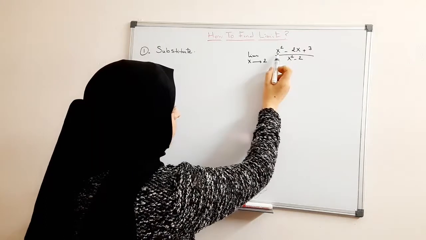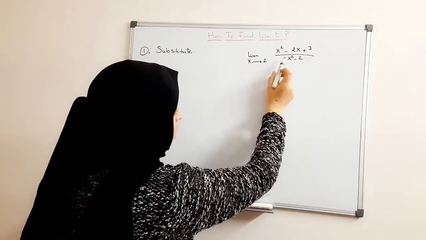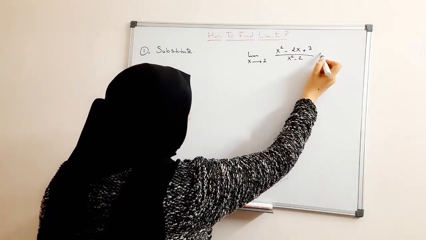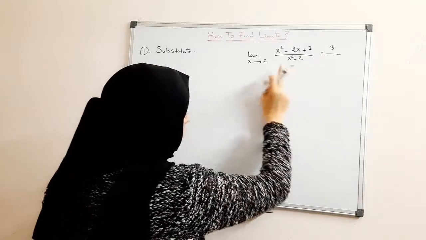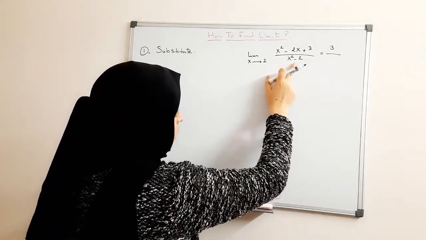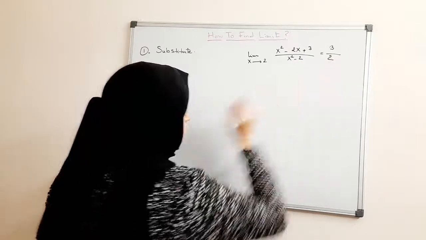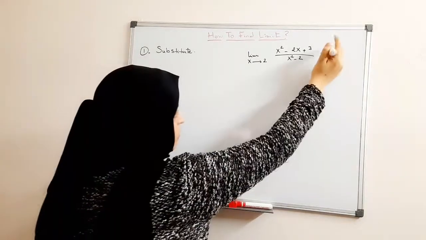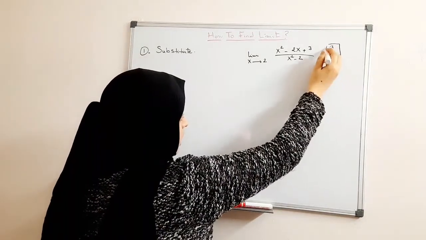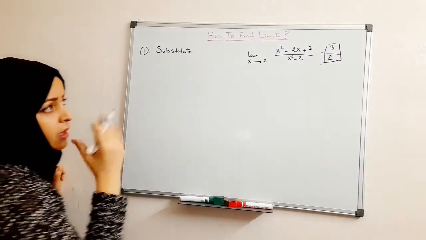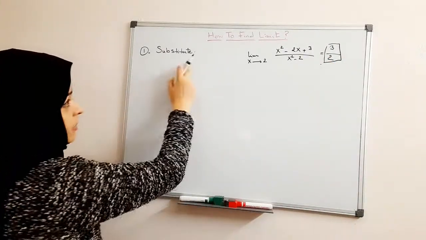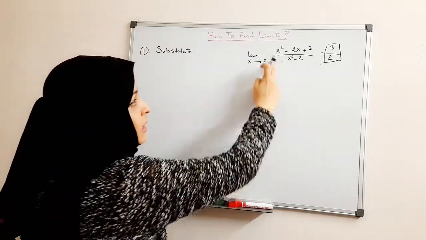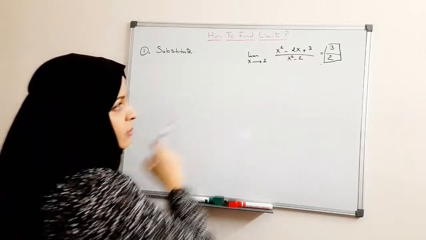So here we have 2 squared, 4, minus 4, 0, plus 3, over 4 minus 2, 2. So the limit is equal to 3 over 2. This is the first thing we try to do: substitute by the value itself if the function is continuous at this point.